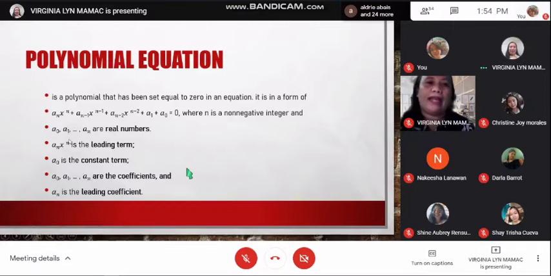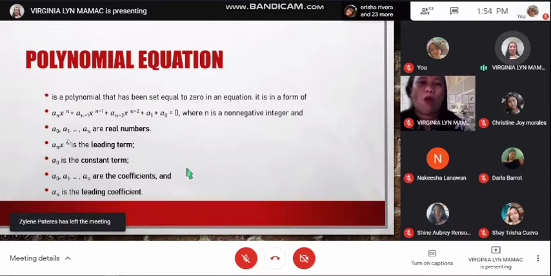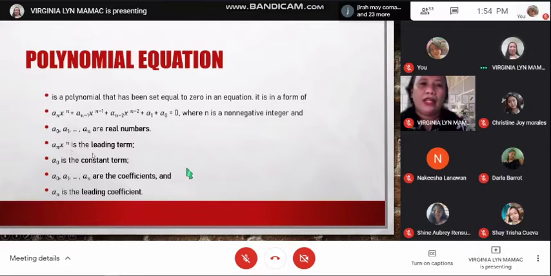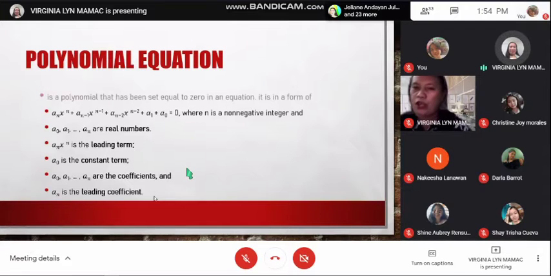The a sub 0, a sub 1, and a sub n are real numbers and coefficients. The a sub n x to the power of n is the leading term, a sub 0 is the constant term, and then you have the coefficients and the leading coefficient.